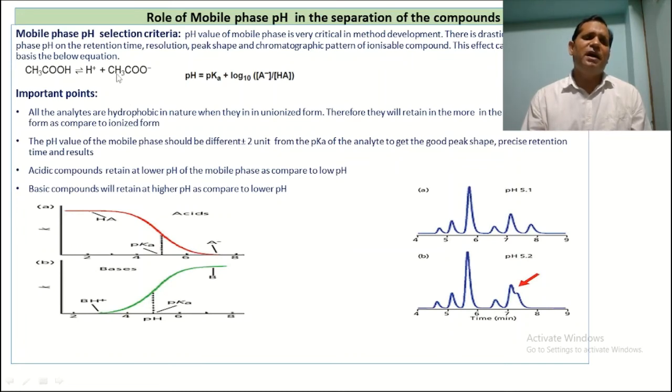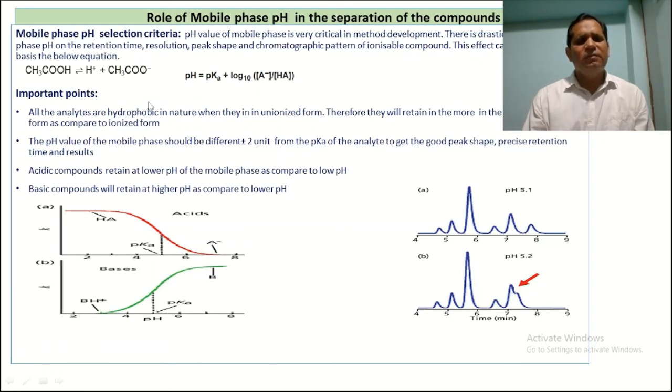When it is in ionic form, it will retain less in the column. So we should adjust the pH of the mobile phase in such a way that the compound remains unionized, and then it will be retained in the column.